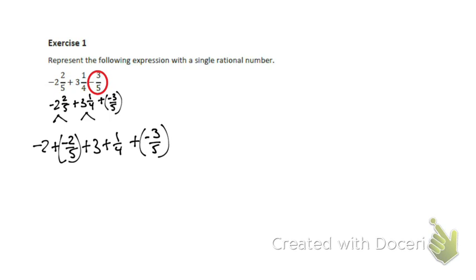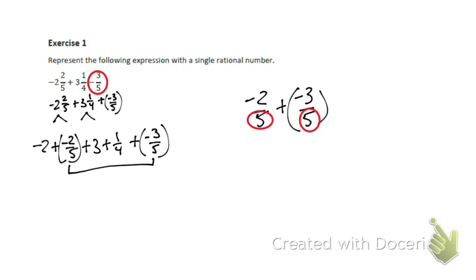What I'm going to do now is see what's easy to combine. What about these two? Are they both negative, or are they different signs? They're both negative, right? So what did we talk about earlier when adding two numbers that are both negative? I'm going to do it on the side. If they're both negative, you add and combine them together. Remember, when we're adding fractions, you need common denominators. That means the denominators, which are 5 here, have to be the same.